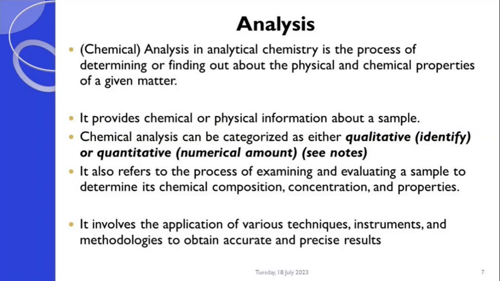So, in definition, we would say that analysis is the process of determining or finding out about the physical and chemical properties of any given matter. Now, analysis can be categorized as whether you just want to identify any matter, and you're only identifying it, whether it is by color, by shape.